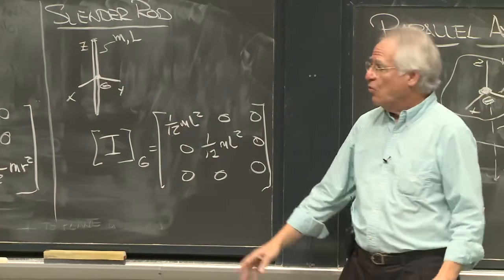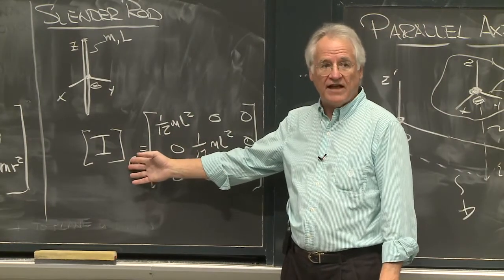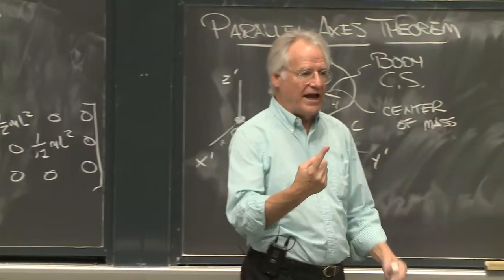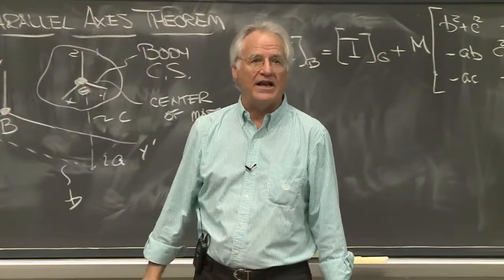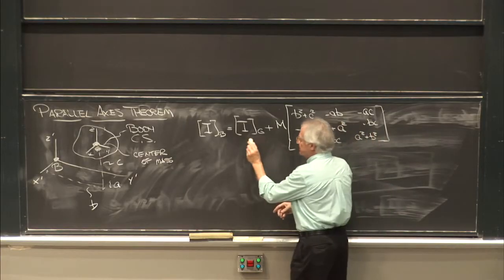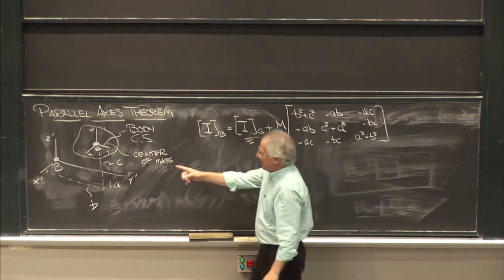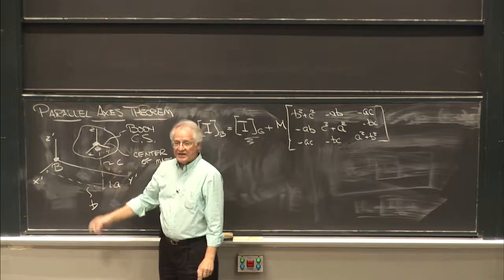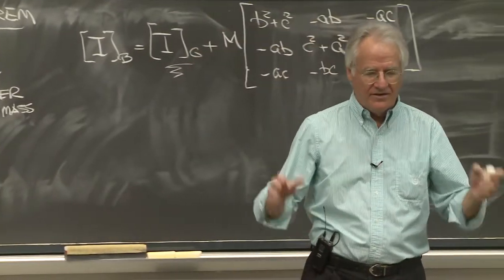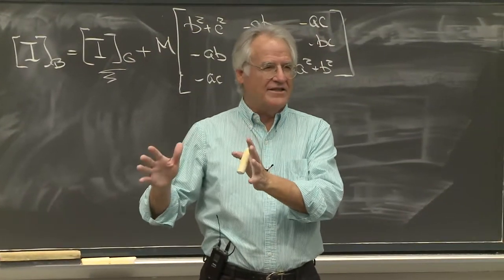You've figured out what the moment of inertia of that object is for its center of mass and a choice of body coordinate systems. That's this and this. Then along comes somebody and like a problem and says, that's great, I don't want that one.